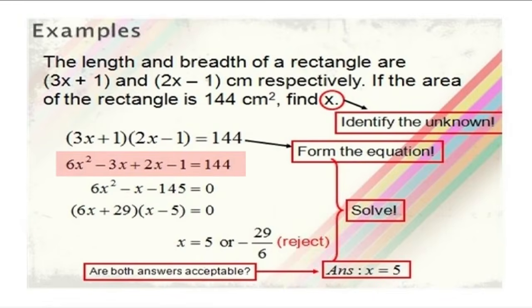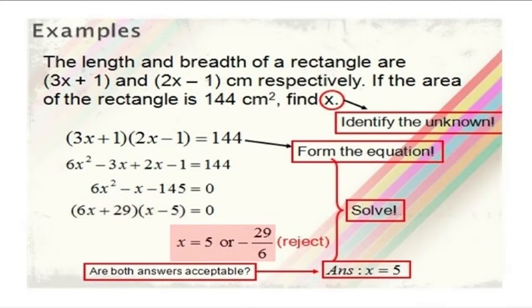which gives 6x square minus 3x plus 2x minus 1 equal to 144. When we simplify, we get 6x square minus x minus 145 equal to 0. That is 6x plus 29 multiplied by x minus 5 equal to 0.